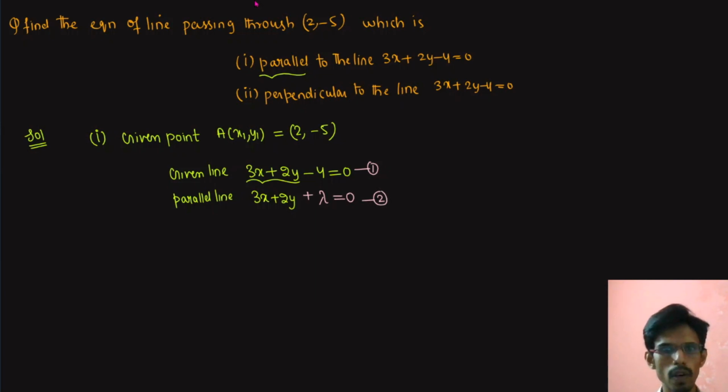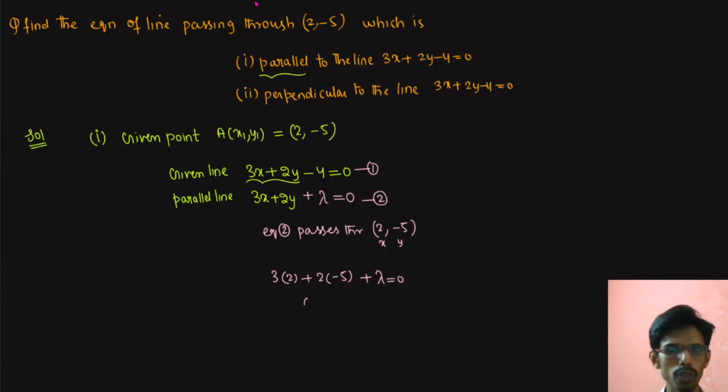Now this equation 2 passes through 2 comma minus 5. So put this value in equation 2, this is x, y. So here I'll get 3 into 2 plus 2 into minus 5 plus lambda equals 0. So 3 2s are 6, minus 2 5s are 10, plus lambda equals 0.